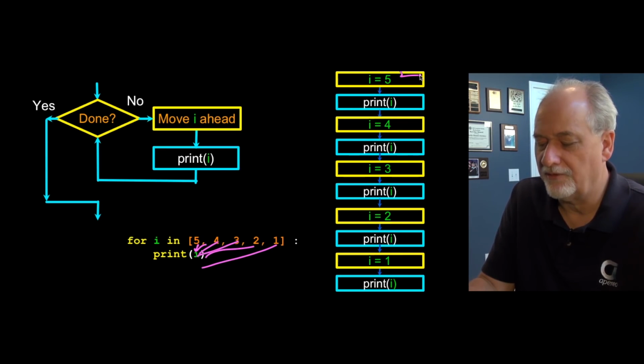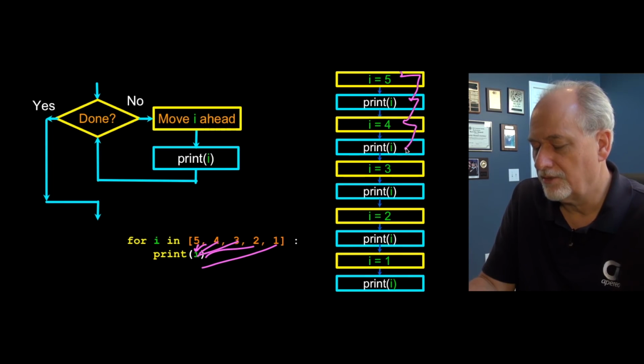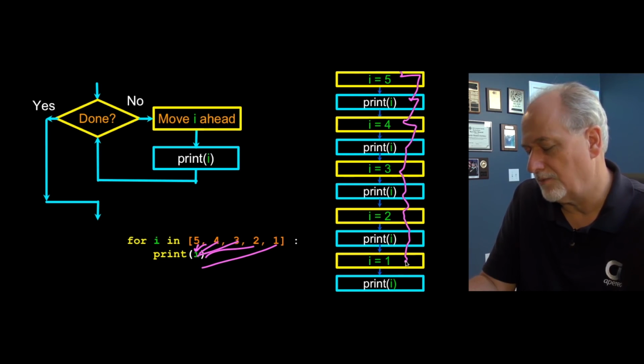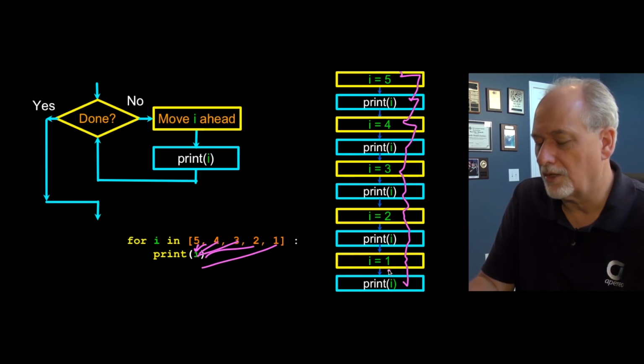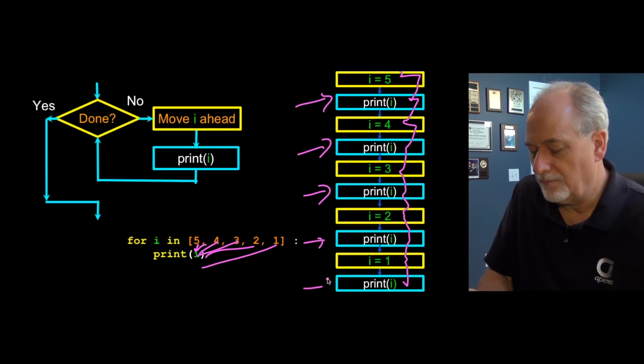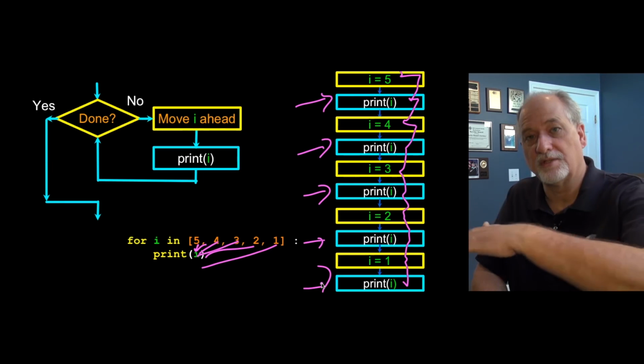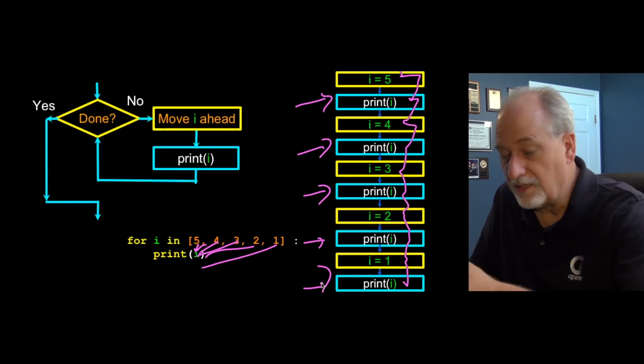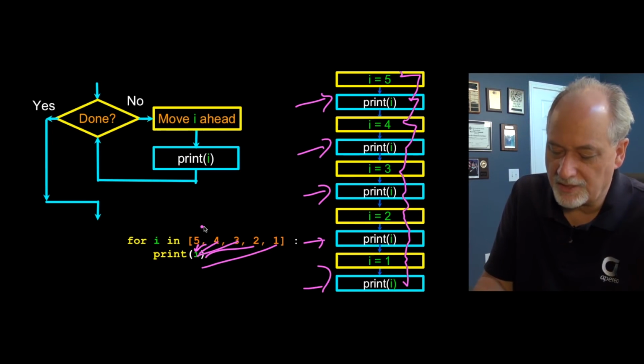The for loop sets i to 5, runs our code. The for loop sets i to 4, runs our code. The for loop sets i to 3, runs our code. The for loop sets i to 2, runs our code. The for loop sets i to 1, and runs our code. All we know is our code was run 5 times, and by contract, each successive time, we get a different value for i, taken from this set.